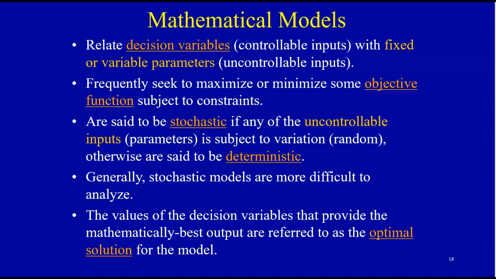Sometimes we have stochastic, as I mentioned. We're not going to do that in this course. Otherwise, we are going to only pursue deterministic operations research, right, which are controllable parameters or inputs. These controllable decision variables, okay, to seek an optimal solution.